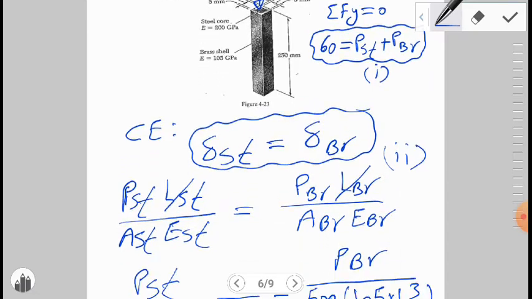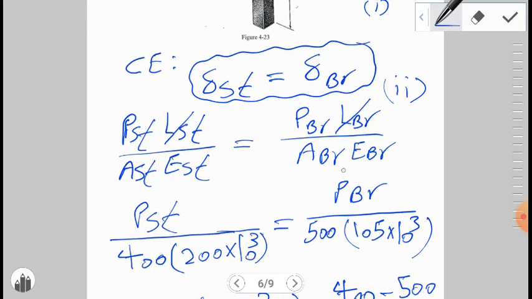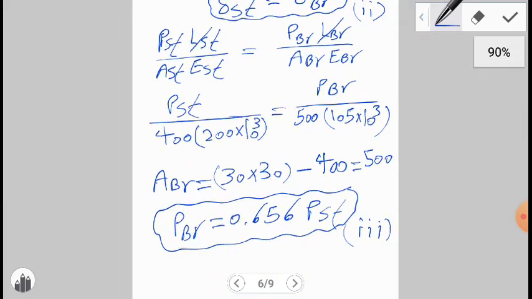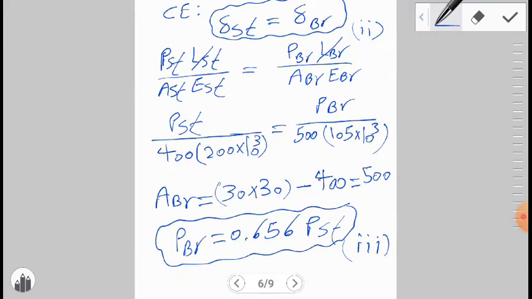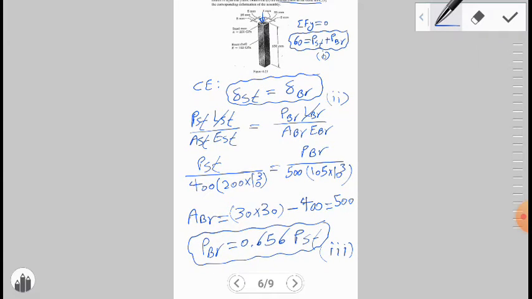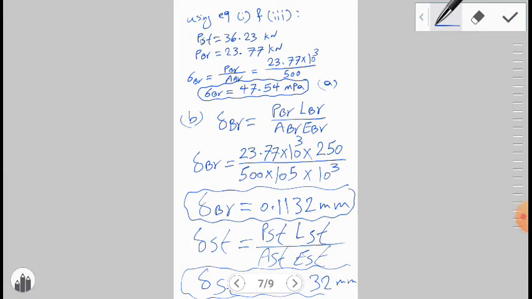If we put delta steel and delta brass into these equations, after the simplification we can write equation number 3. Now we have equation number 1 and equation number 3: 2 equations, 2 unknowns. We can find P steel and P brass here. After finding the internal force, we can find the stress generated inside the member.